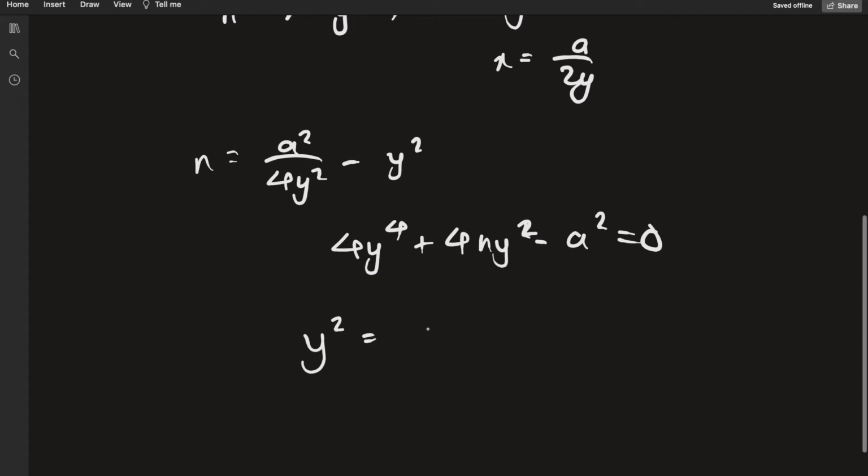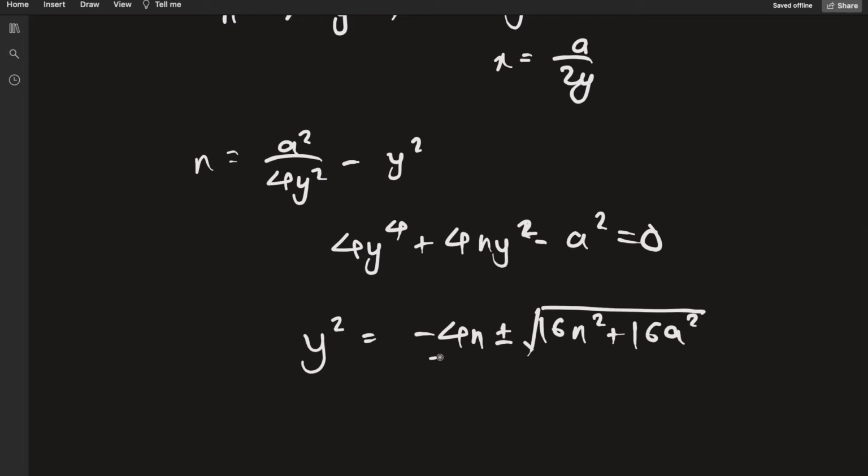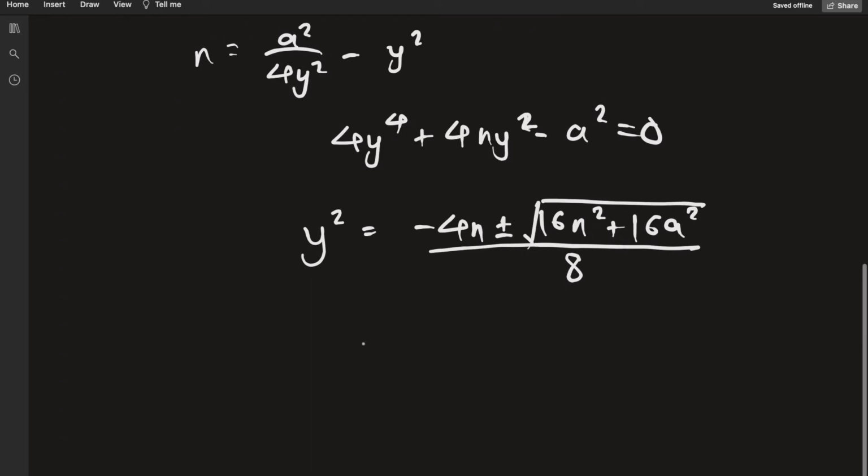So y squared is equal to minus 4n plus and minus square root of 16n squared plus 16a squared divided by 8. I'm just using the quadratic formula that you learned in high school.